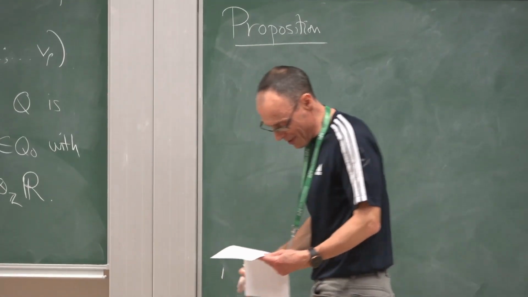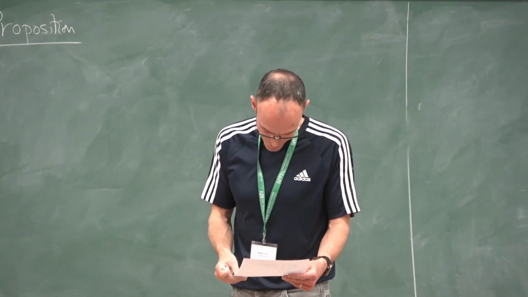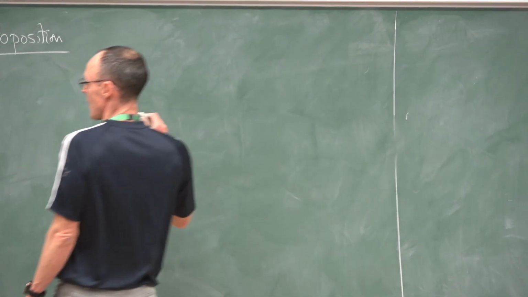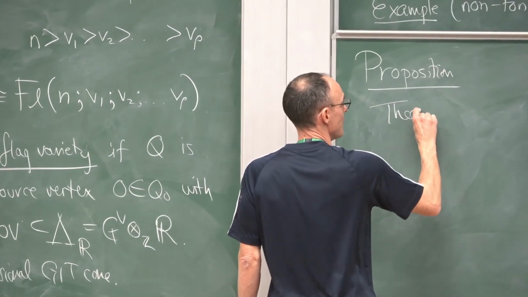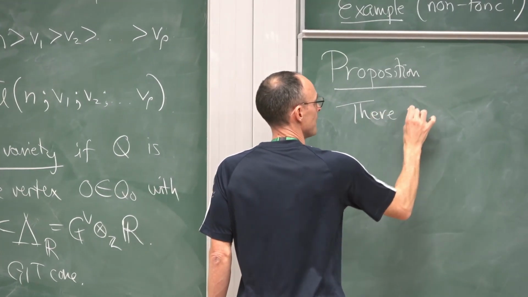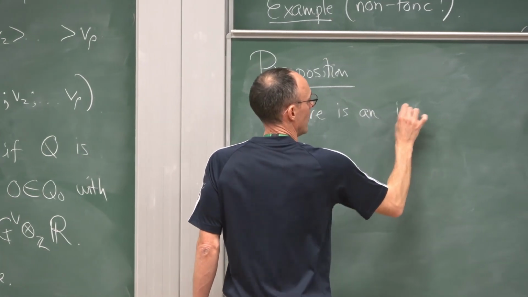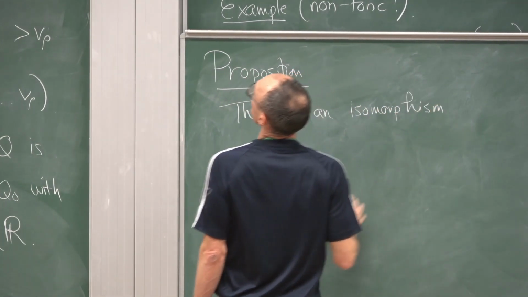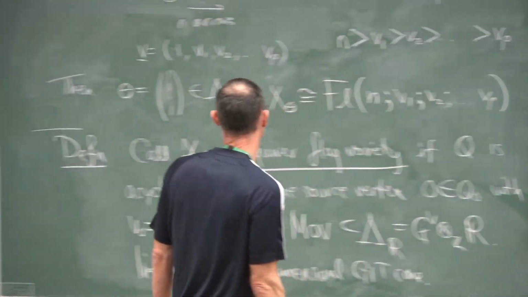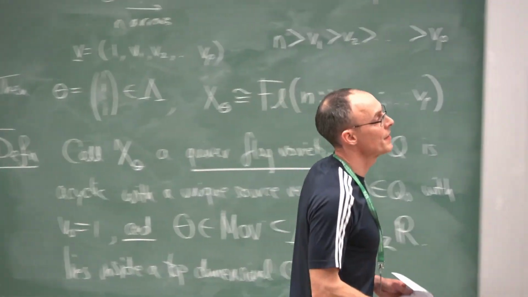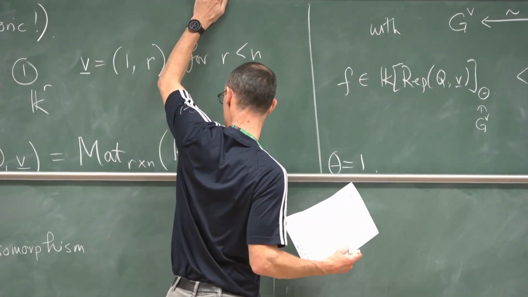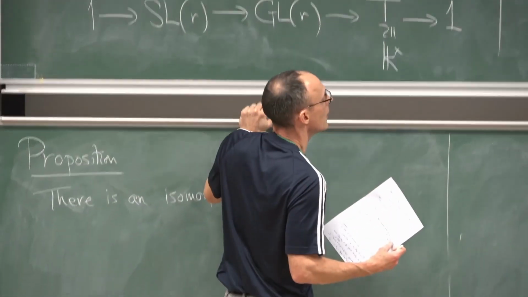I've chosen to enumerate my vertices, and that feels offensive to me. So I'm not going to enumerate my vertices. Sorry. So there is an isomorphism of Z modules. So rho. Where has rho gone? Rho was the number of vertices minus 1. Still visible? Probably not.